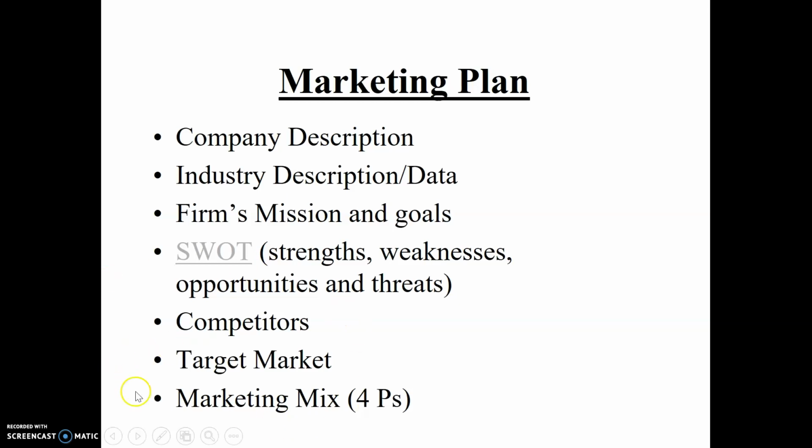The target market, this is really important if you are developing a product that's for tweens or for soccer moms or for a particular income group. Some of you may already shop at places where there's a very distinct target market, right? We know that Whole Foods might be different than maybe a Dollar General type of grocery store.